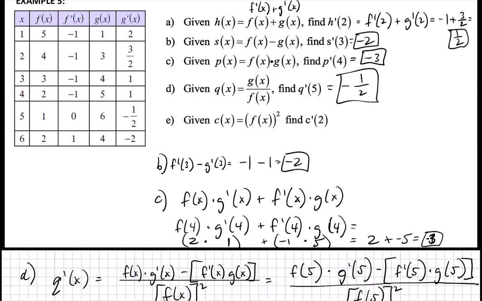If F of x was like x squared, sure, use the power rule. Or if it was -2x squared, sure, use the power rule. But we don't know if it has multiple terms, so it's going to be different. We're going to use a different rule.